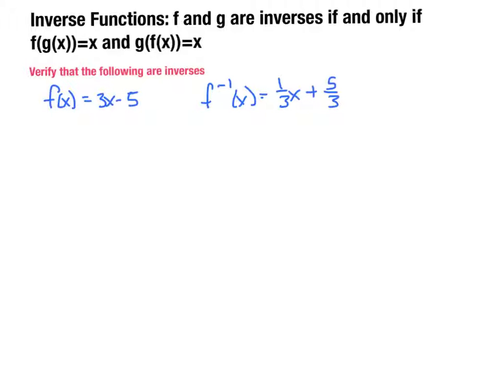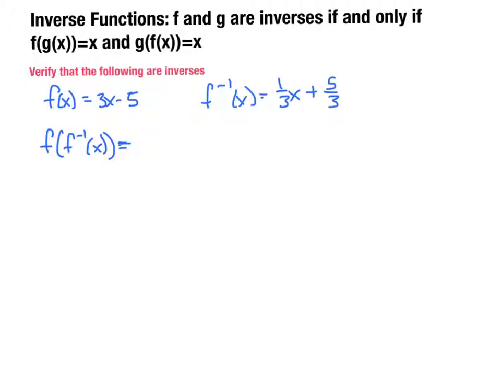So I'm going to use composition of functions to verify that these two things are inverses. So I could say f of f inverse of x. Well, if we remember from our composition, that means that I'm going to plug all of f inverse, so all of this function, into the x of f.